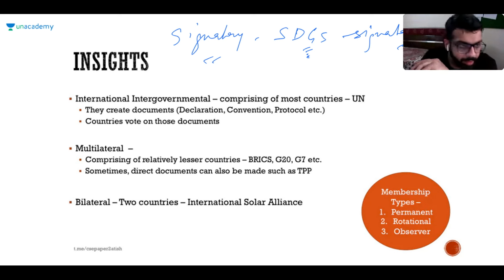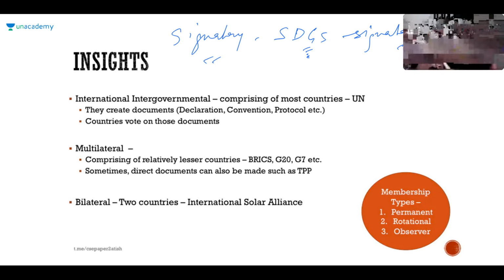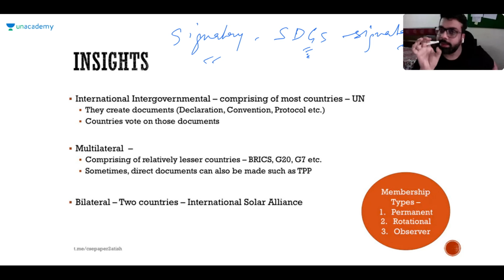Okay, so these are called international intergovernmental organizations. The best example is obviously the UN. Then we move to multilateral organizations. Now, they're essentially mini UNs or smaller UNs. They have a relatively lesser number of countries.